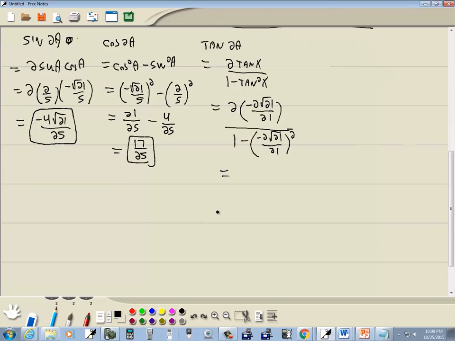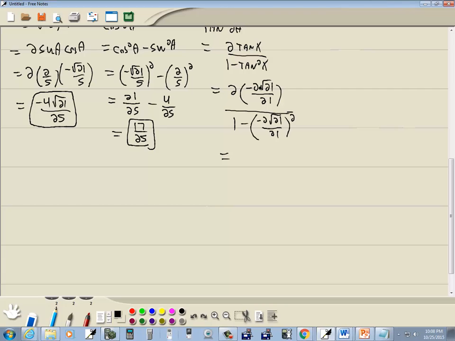Okay. 2 times negative 2 is negative 4 square root of 21 over 21 over 1 minus, and when you square something it becomes positive. 2 squared is 4, and then square the square root of 21, that gives us 21, over 21 squared, which is 21 times 21.